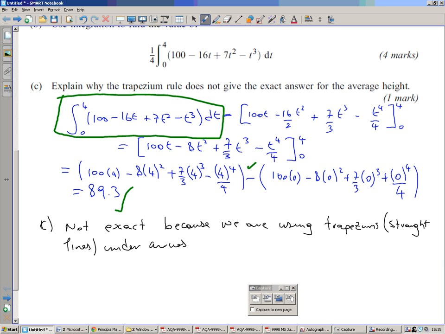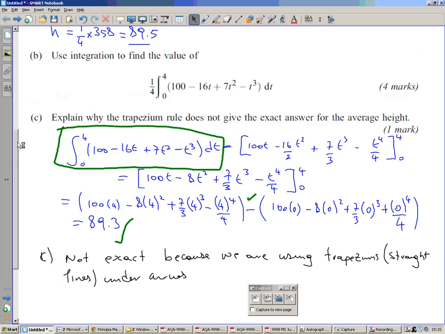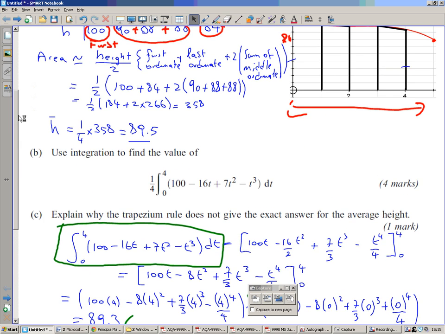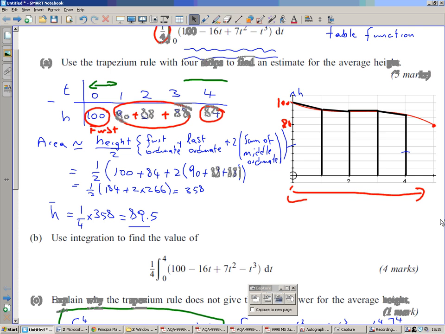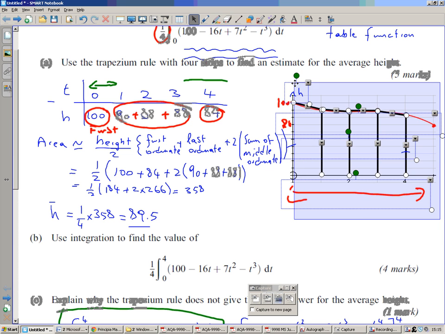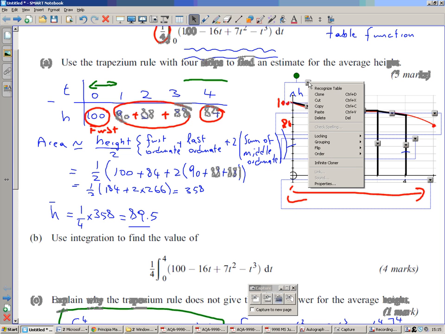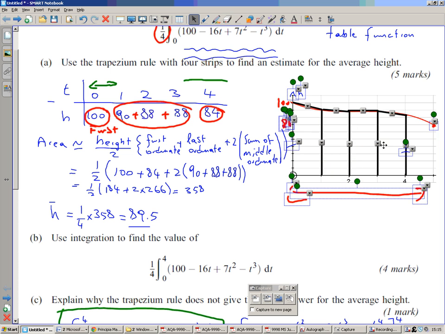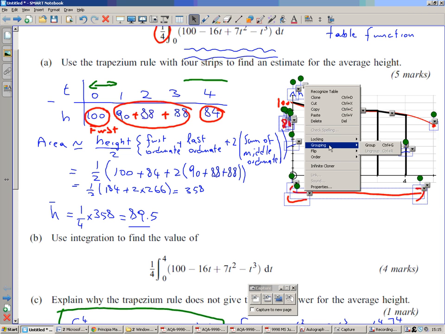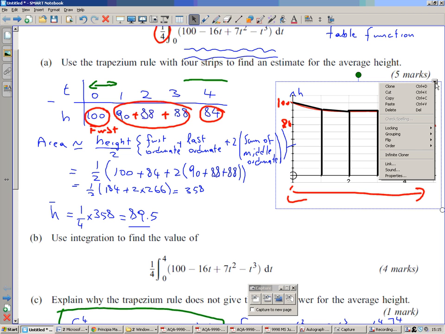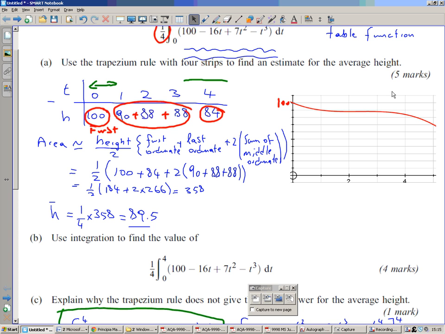So I think our diagram there points out reasonably well why. If you go to the trapezium, we've got an extra bit, we've got a trapezium there, but this is a curve, so it's never going to be exact.